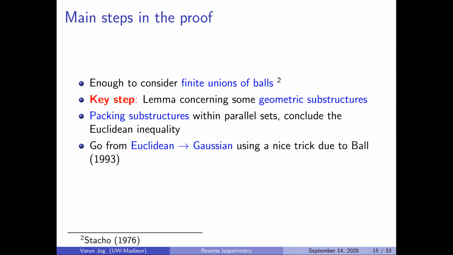Because bounding from above the surface area of the original set is like bounding from above the volume of the parallel set. If you don't worry about the limit in the definition of the surface area, you're essentially bounding from above the volume of the parallel set, right? So you're doing something slightly different.